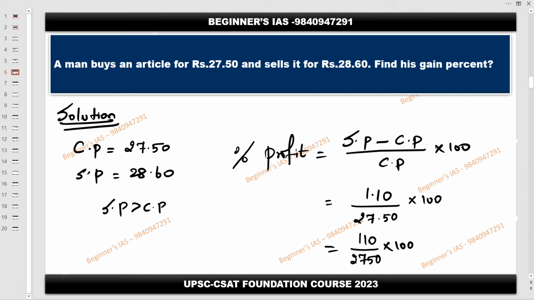What is the percentage here? 4%. People, understanding how 4%? This cancels by 25 times, then obviously 100 by 25 is nothing but 4%. Clear, everyone?